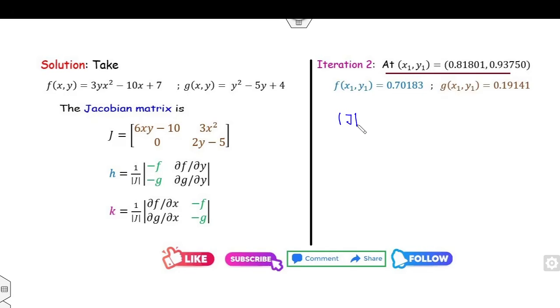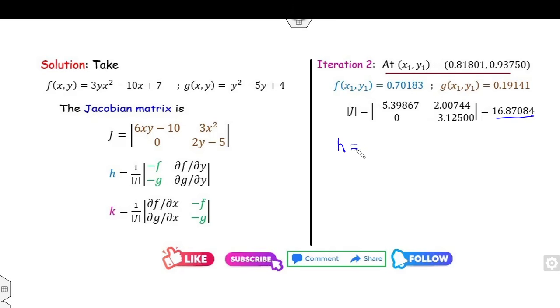Find the determinant of J. I can substitute the value of 6x1 times y1 minus 10, and 3x square is 3 times 0.81801 square and so on. After substituting these values, you will get the result as 67.87.